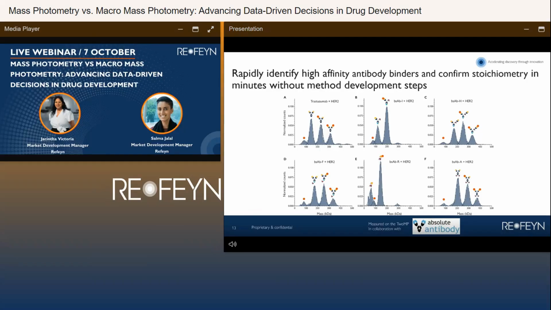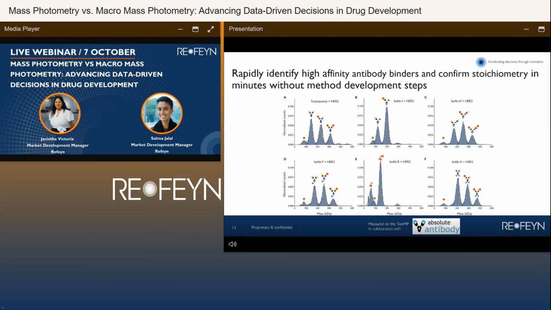And over here, we're showing a panel of bispecific antibodies that were tested for their ability to bind HER2. So they either had a 1-to-1 or a 1-to-2 stoichiometry with the HER2 antibody. Here was only a 1-to-1 because this arm is binding a different antigen, or 1-to-2, and then that arm would be binding a different antigen there.